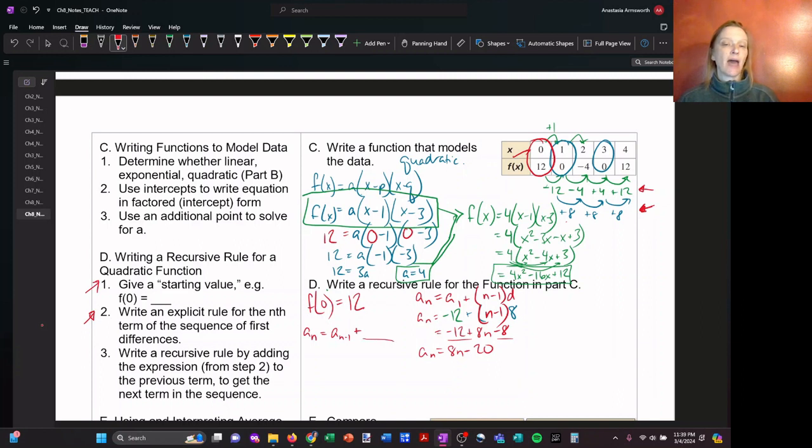But that something that I'm adding to it is this whole expression that we've just figured out, the 8n minus 20. So I end up with taking the previous term, adding 8n minus 20. I didn't really need to rewrite it down. But this is how you write a recursive rule for a quadratic function.